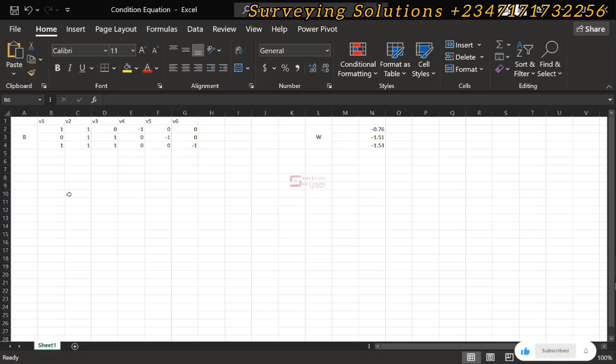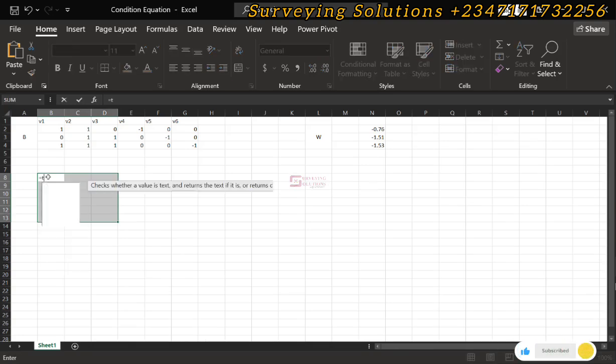Therefore the transpose will be a 6 by 3 matrix. Right, good. We need to define a 6 by 3 matrix. So we have 1, 2, 3, 4, 5, 6, and then column 1, 2, 3. So we have defined a 6 by 3 array. So we have equal to transpose.